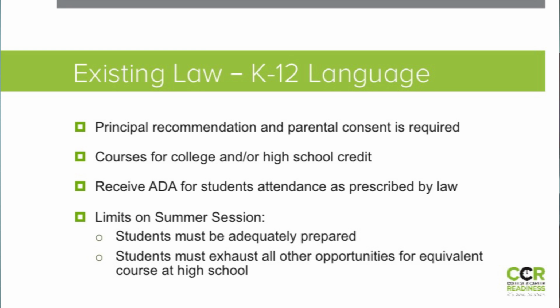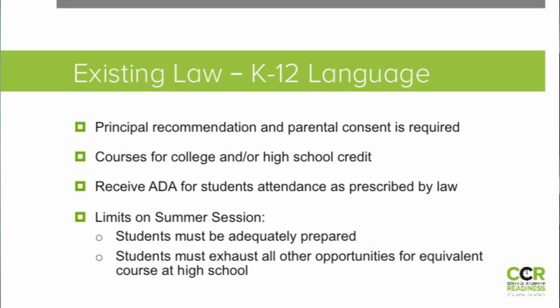Oftentimes, the student is allowed to use that college course for college and high school credit. And what that means is, let's say for example, a high school student is enrolled in a high school that only requires 3 years of high school math. That student takes the 3-year sequence of courses in math, but wants to continue their math education. And in lieu of taking other math courses that are available at the high school, they might choose to start their college math sequence.